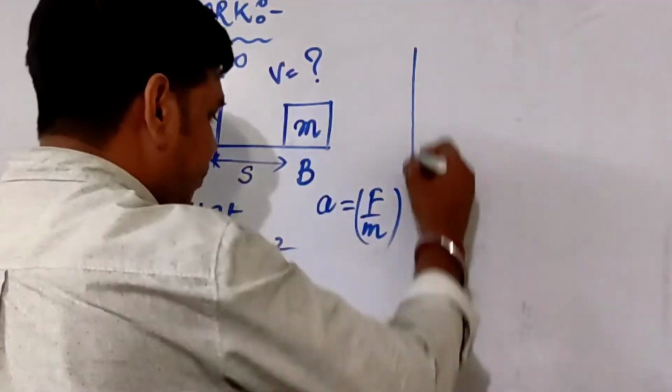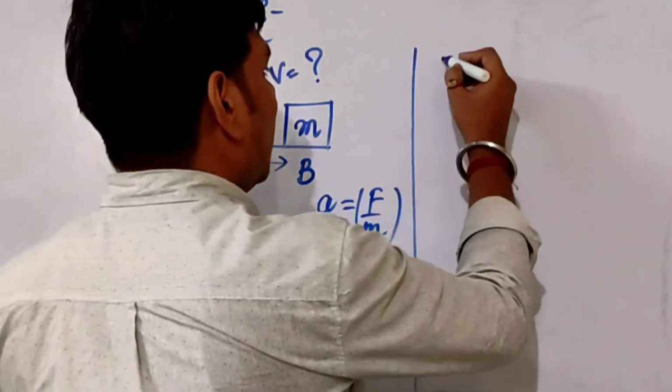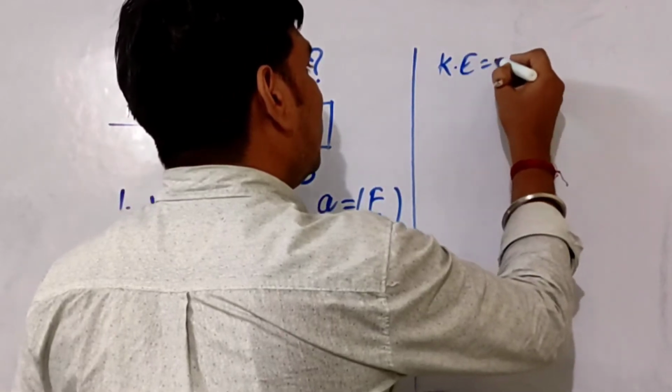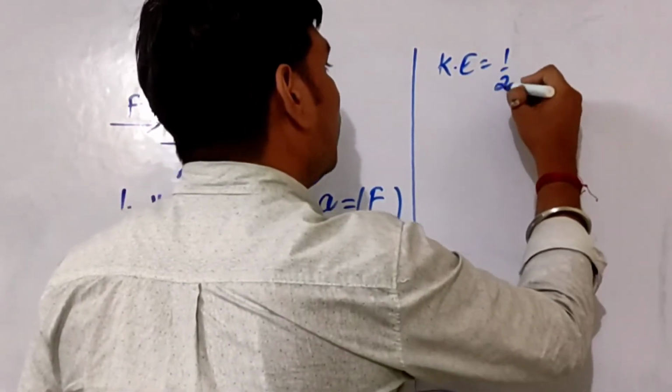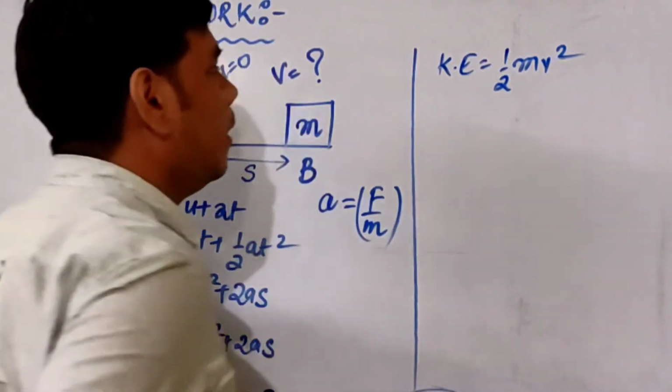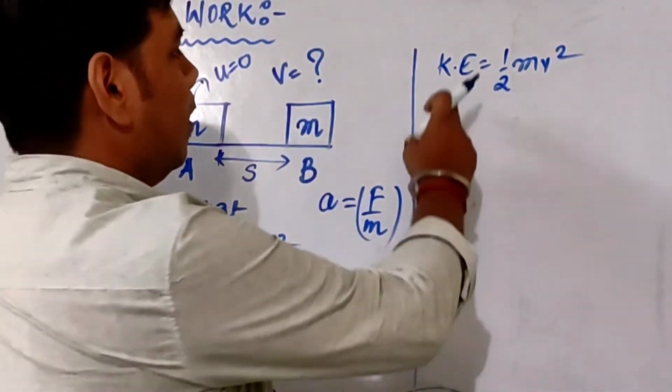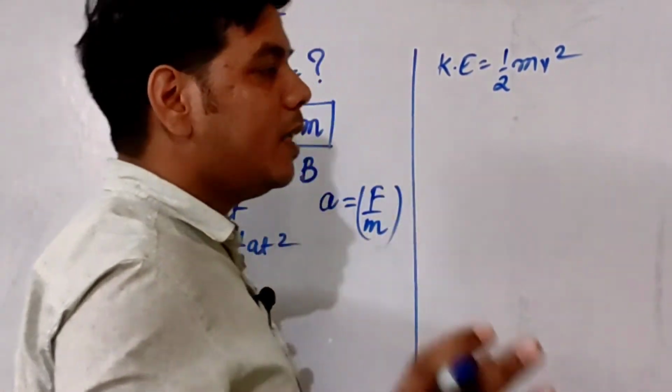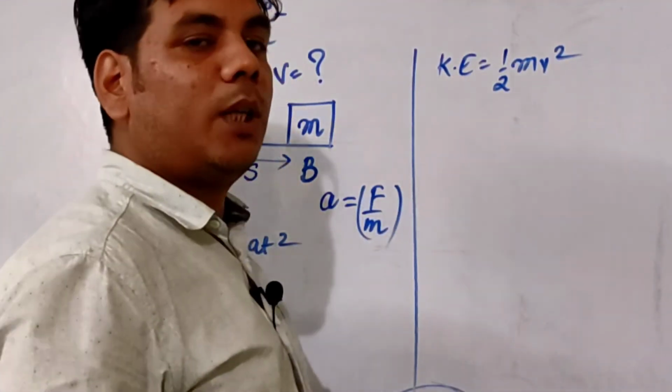So look here. The formula that I got from this method, 1 by 2 mv square, is kinetic energy. Now suppose I differentiate this kinetic energy with respect to time.